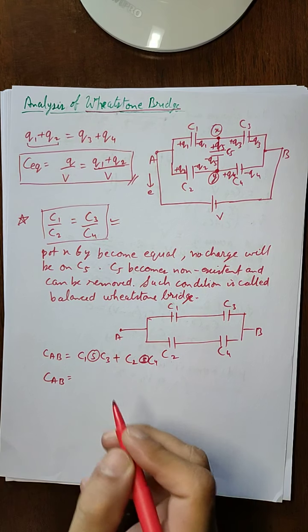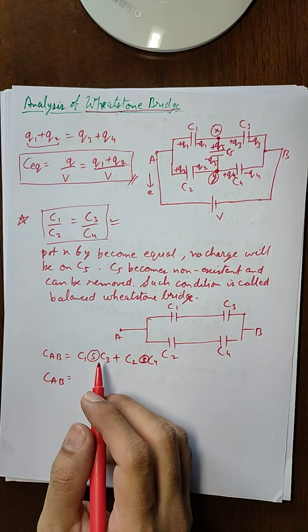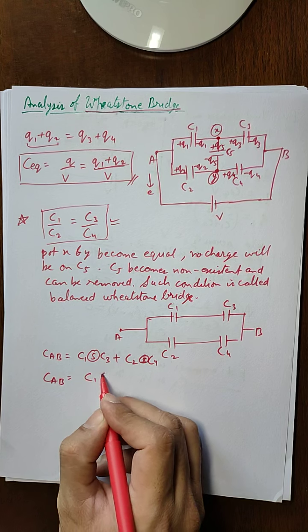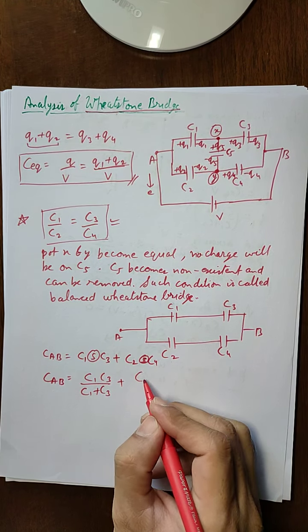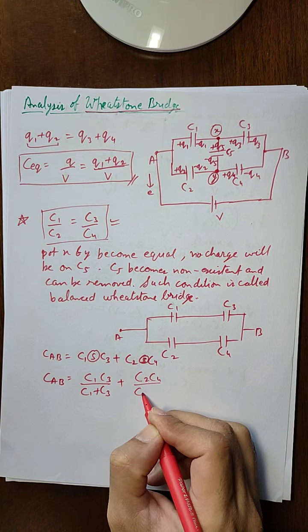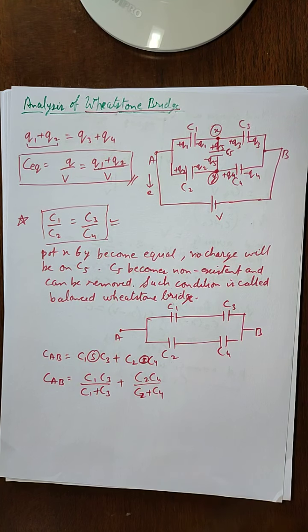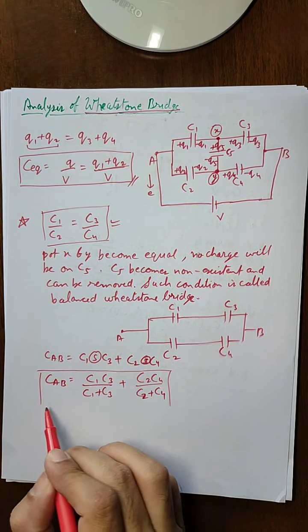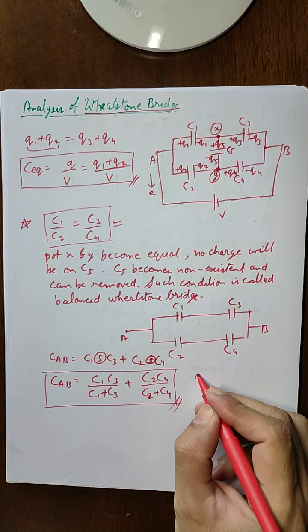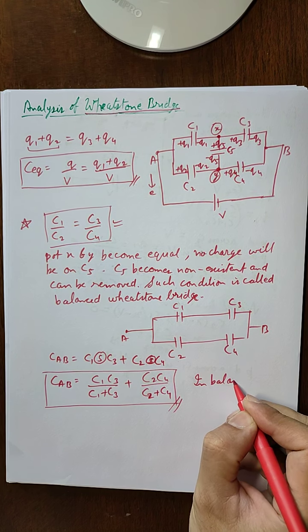So if we put the formula and solve this, then the equivalent capacitance between A and B will be this. So this formula you can use in the balanced condition.